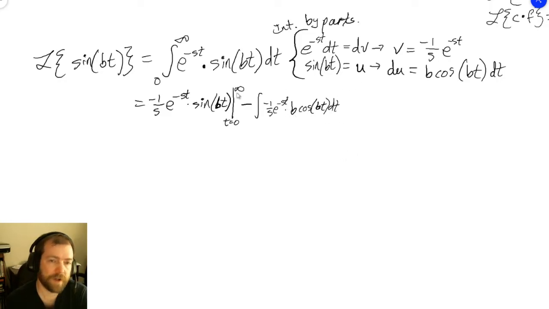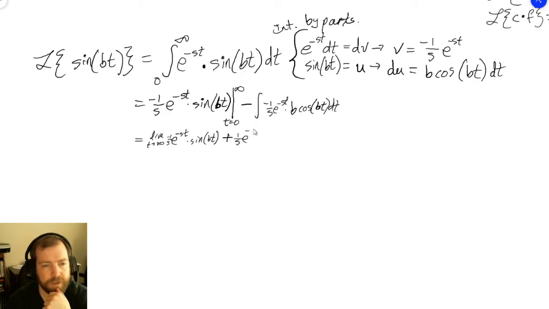This is an ugly mess, so we're going to remove all the constants. They're going to kick out front. This stuff here is going to end up doing the same thing as we did up above. The limit as t goes to infinity of e to the negative st, it's technically negative 1 over s here too, times the sine of bt, minus a negative, it's going to make plus 1 over s e to the 0 times the sine of 0.